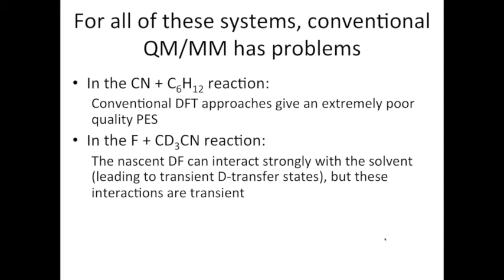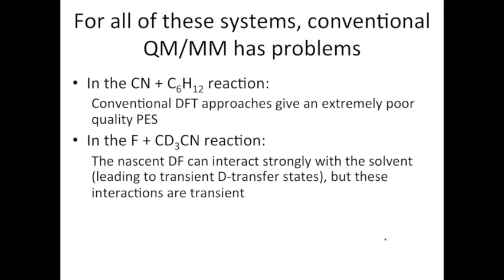But these interactions are very short-lived, and also the nascent DF, as it's wandering around the solvent matrix post-reaction, you never have any idea which solvent molecule it's going to interact with, right? Because that's effectively some kind of stochastic random walk. And so setting a QM/MM active space is a real challenge when you don't know where to cut your boundaries, okay?